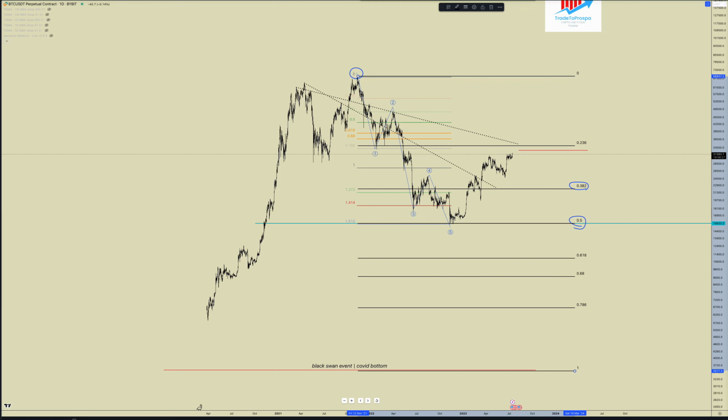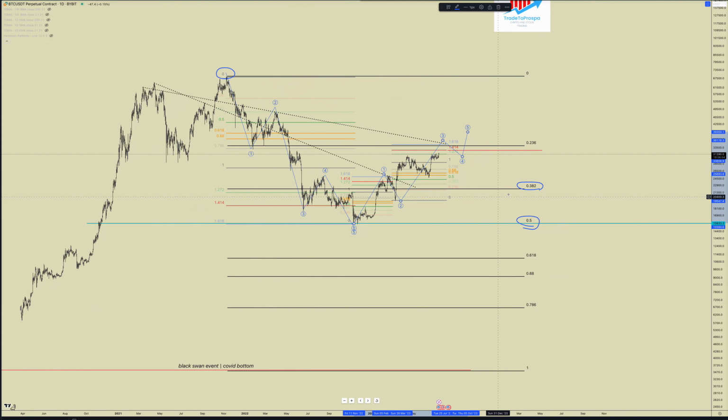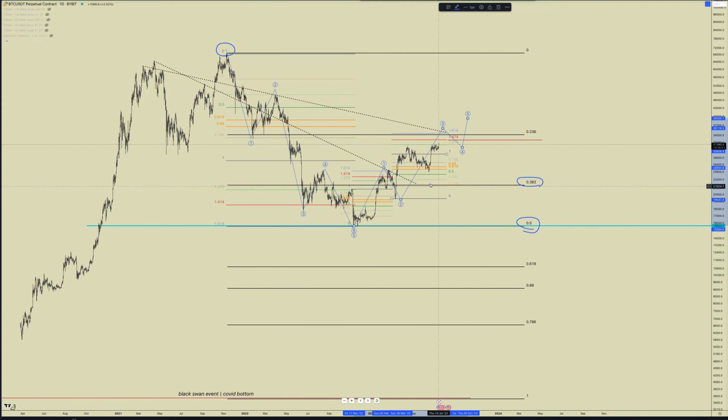So when we look at this, revisit this, we can see that the 1.618 also aligns with that. Our fib count, Elliott wave count, our other Fibonacci level, that also makes sense. Now look at this last bit that I want to talk about.